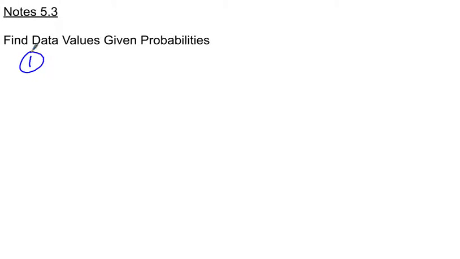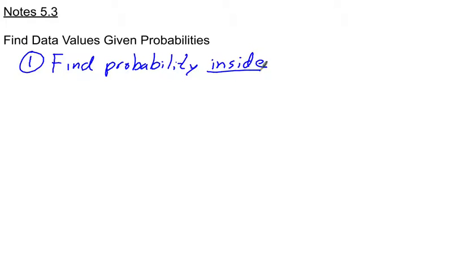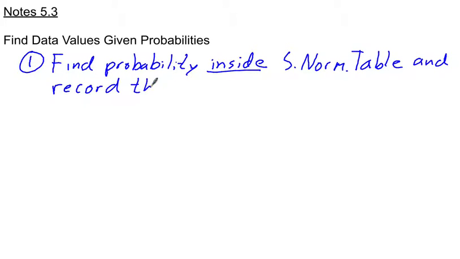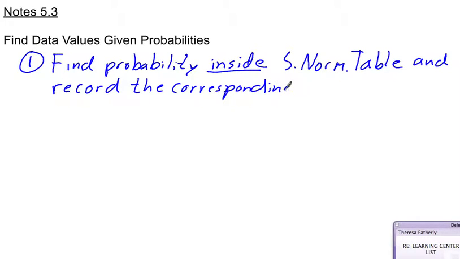The first step is find the probability inside the standard normal table and record the corresponding z-score.